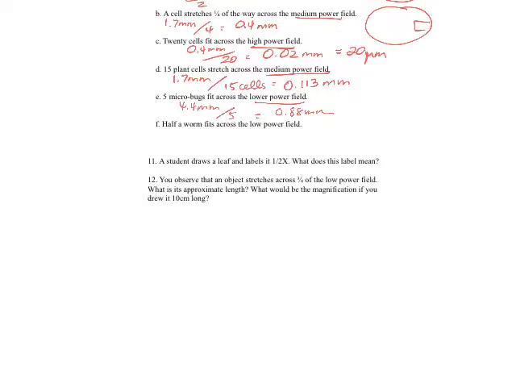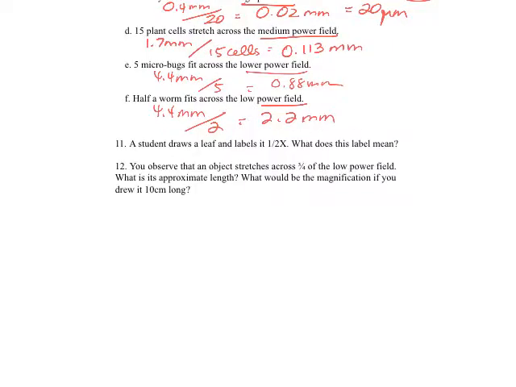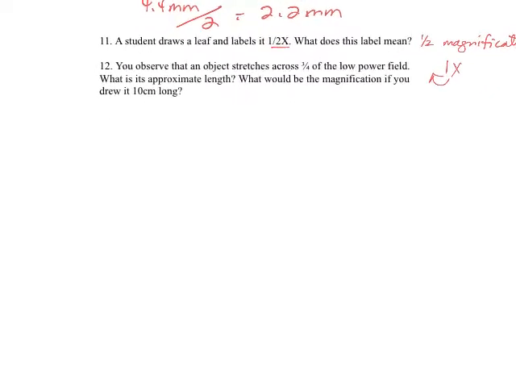Half a worm, low power, so it's going to be 4.4 millimeters divided by 2.2 millimeters. Okay, so for number 11, this means it's half magnification, so it's basically half as big as it really is. Because 1 is like normal, right? And then half, you're making it smaller.